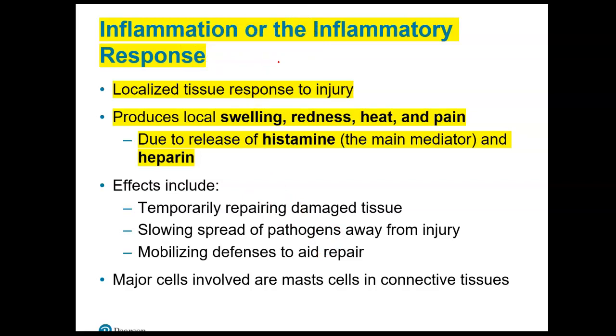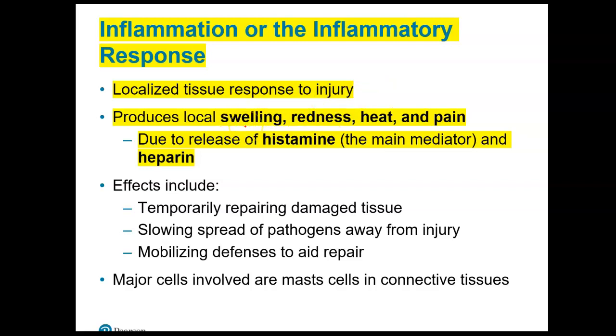Then we have the inflammatory response, which is a localized tissue response to injury. You have the inflammatory response if you burn your skin, for example, or if you have a tear or a wound of some kind.